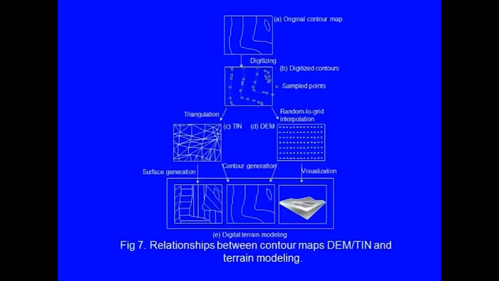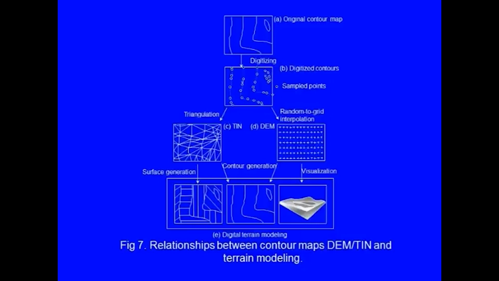So, if the data is kept in vector form and taken ahead, it can be converted by a process of triangulation into a TIN model. If random to grid interpolation is adopted, then we get a digital elevation model which is raster in nature.